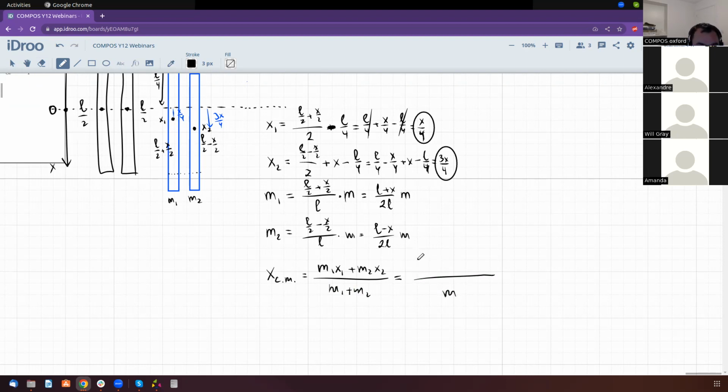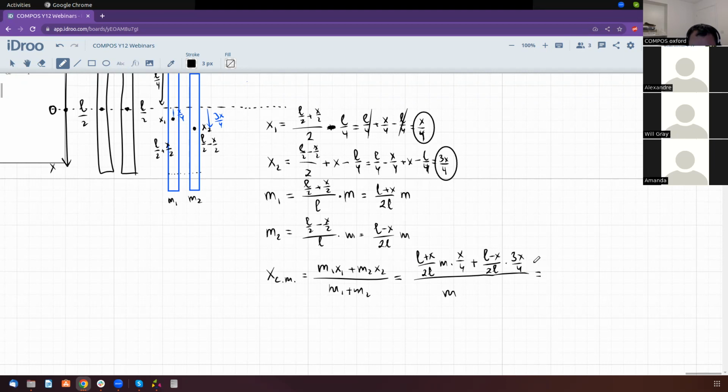So M1 is L plus X over 2L M multiplied by X1, which is X over 4, plus M2, L minus X over 2L, multiplied by X2, so 3X over 4.